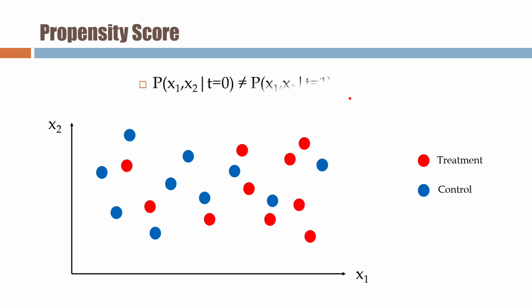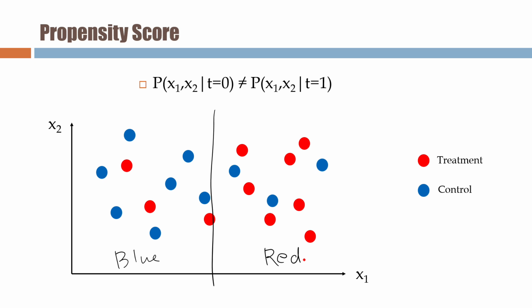As you can see here, again, more blues, right? And more red. This is not randomized data. So if you just calculate only the red ones' average and the blue ones' average and calculate the difference, that's not the ATE.